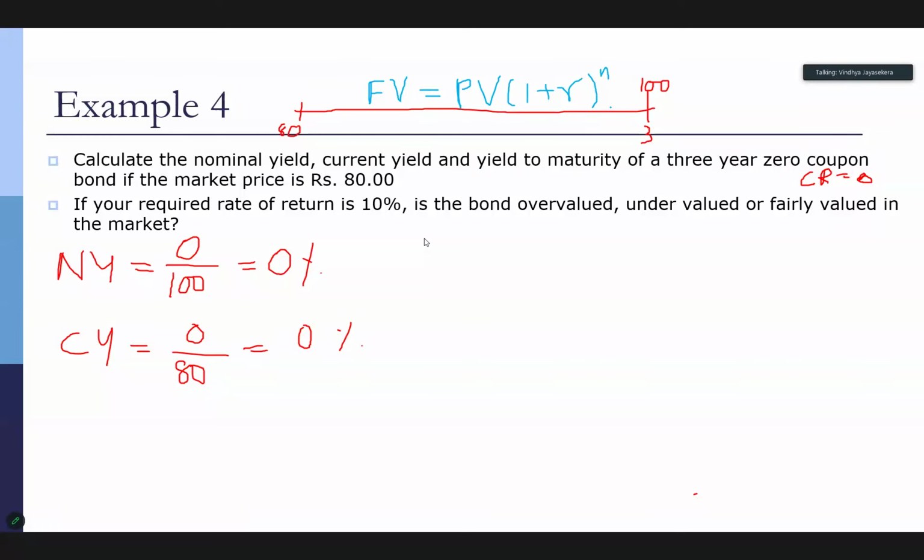Because there are no coupons in between, we know that price today is future value discounted by (1 plus r) to the power n. And I can use that to find r. It's very straightforward. So what is the yield to maturity?